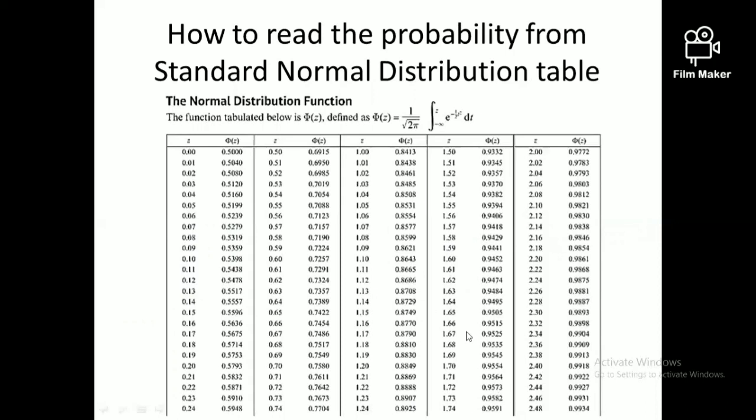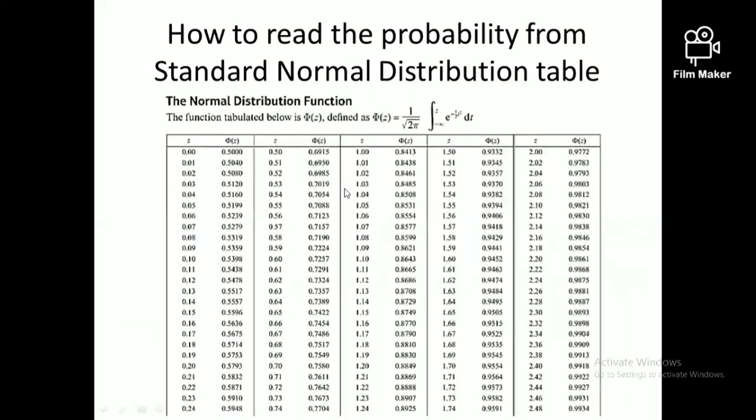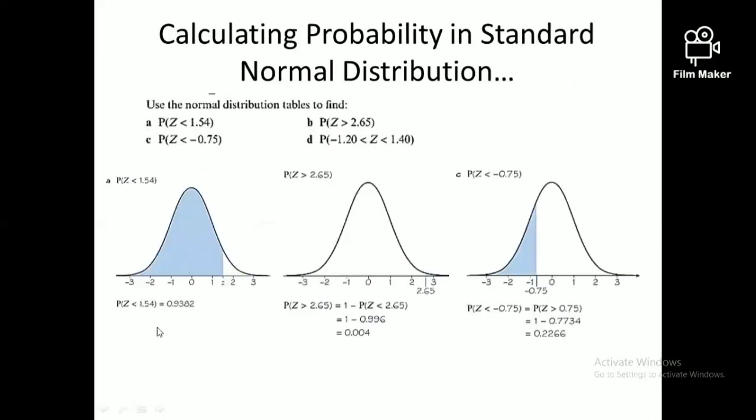There is more information below that, this is just a part of the table. So 1.54 is 0.9382. Obviously we know that this table always indicates the lesser probability. If I read 1.54, that is the probability of X is less than 1.54. So straightforward, you can read it and obtain the answer 0.9382.